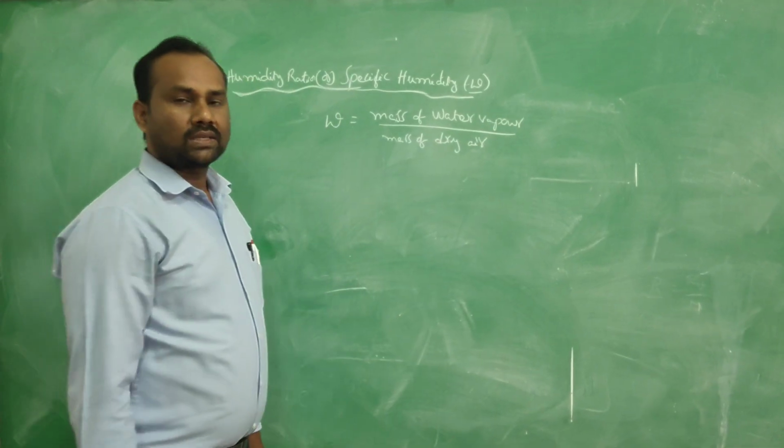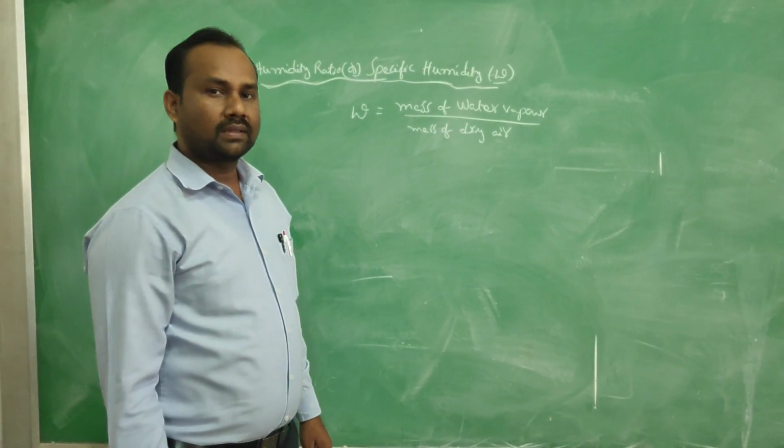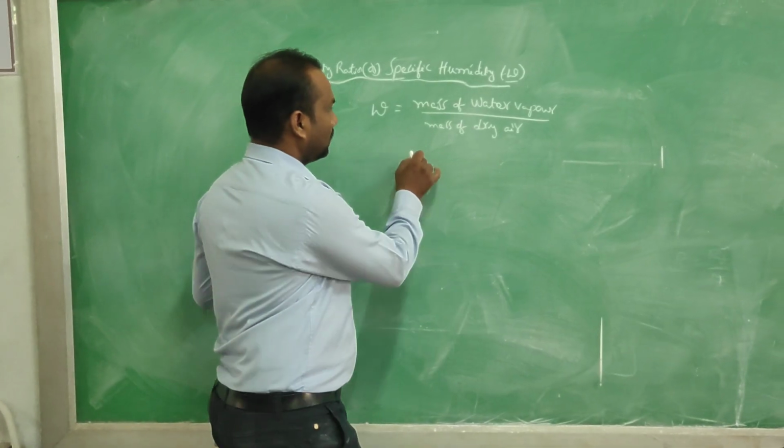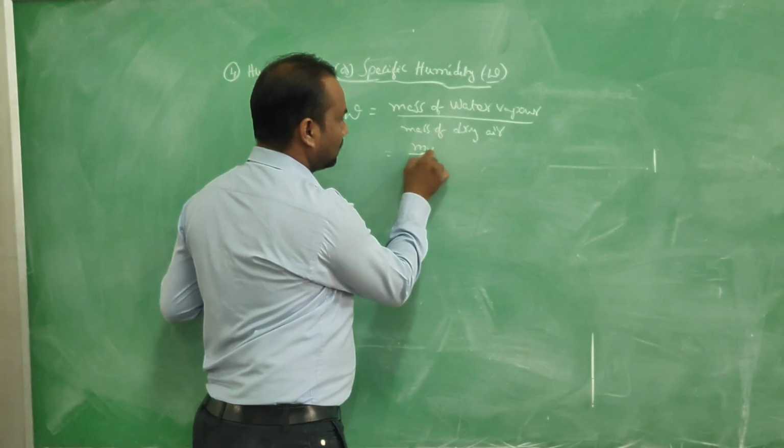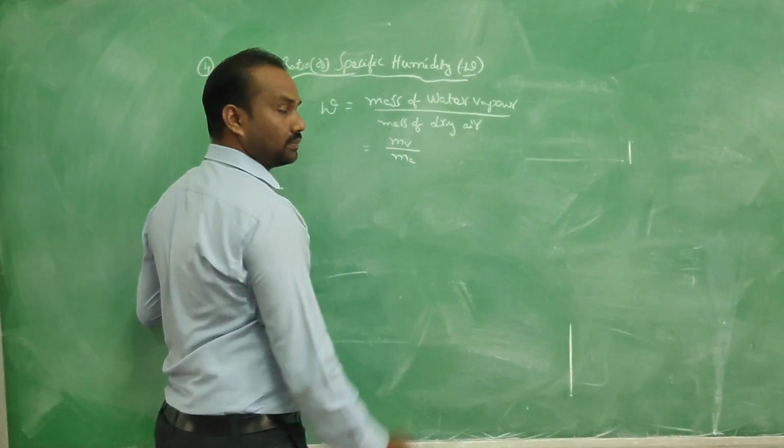So the ratio of mass of water vapor to the mass of dry air in the given moist air is known as humidity ratio or specific humidity, and it is given as mV by mA.